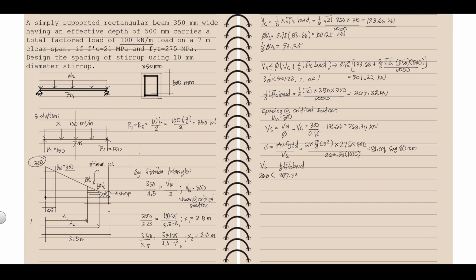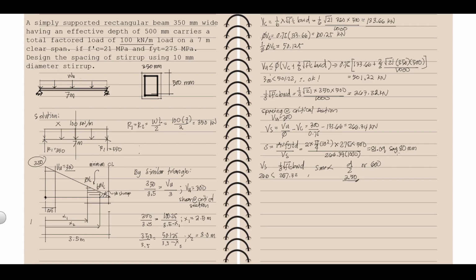Okay, so therefore, ang S-max value natin is D over 2 or 600. So, D over 2 natin, ang D natin is 500. So, that is 250. So, ang S-max natin is 250. Right? So, ito yung ating S-max. So, compared to S, pasok pa rin yung 80 mm dito. Okay?